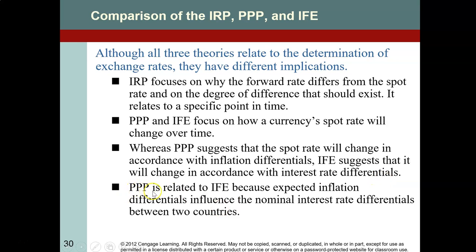Purchasing power parity is related to international Fisher effect because expected inflation differentials influence the nominal interest rate differentials between the two countries. So PPP and IFE are interrelated, and they're about how inflation or interest rate differentials affect spot rate change. And IRP is about the forward premium at a specific point of time.